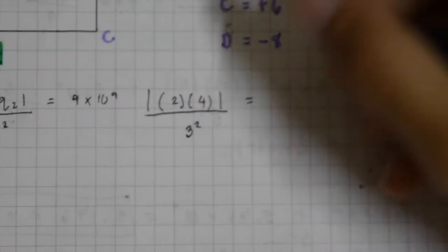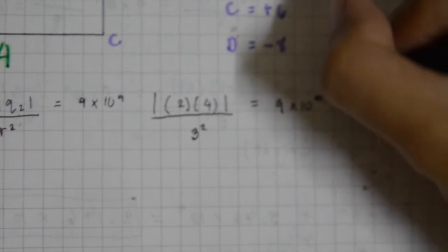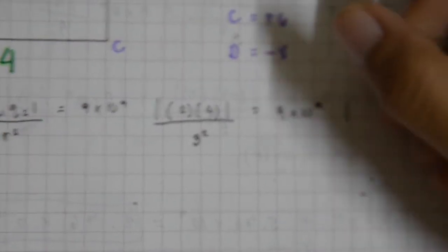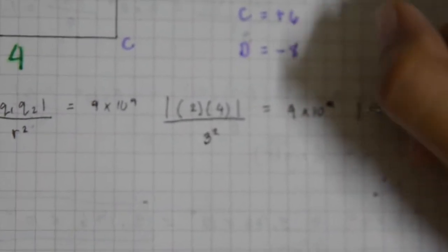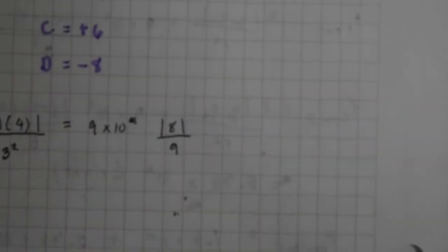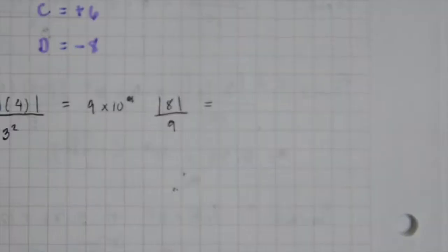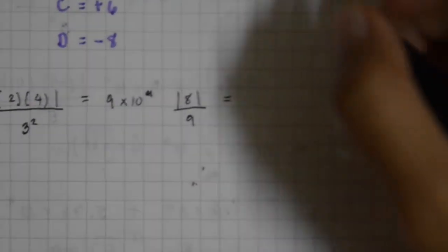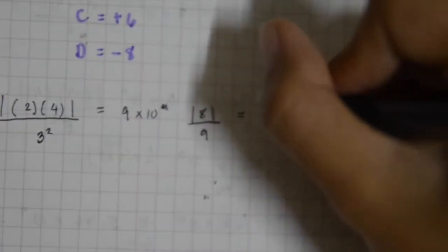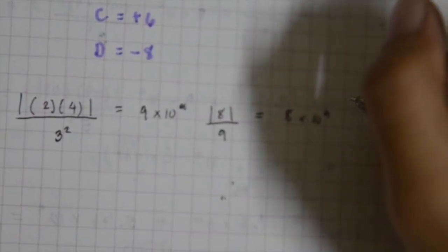Let's simplify that, and we will get 8 over 9. Simplifying further, we will get 8 times 10 to the 9th power.